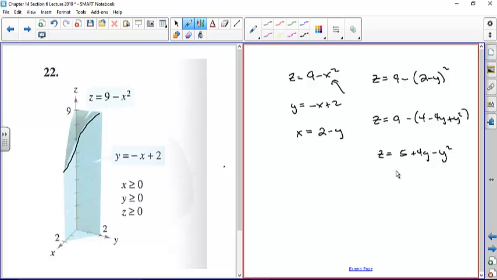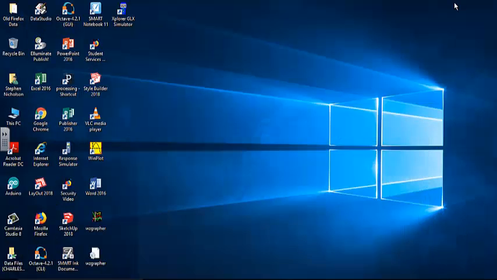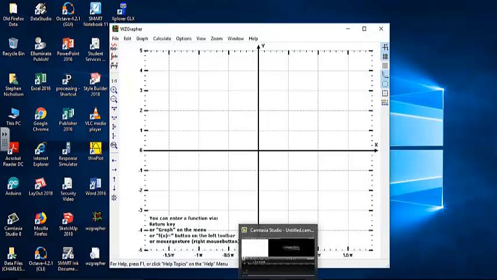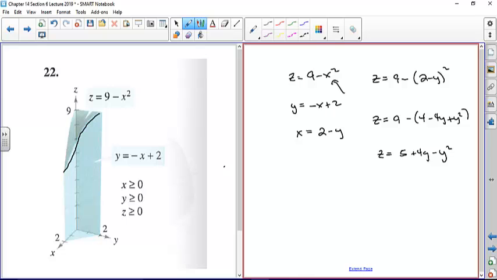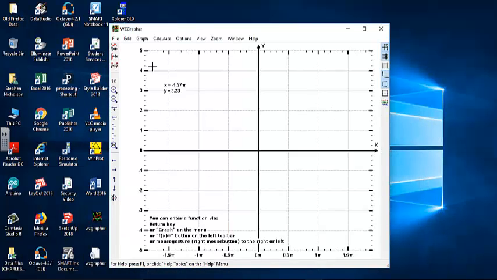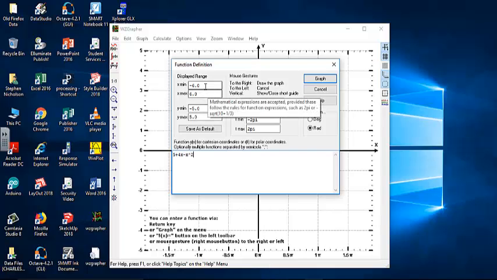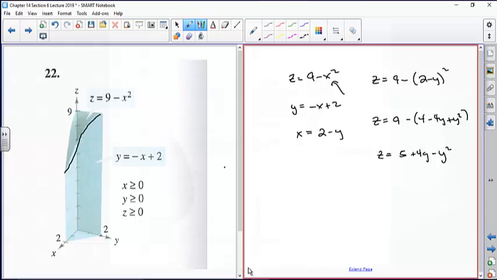So if we were to plot that, let's just get a graphing program. Let's see what that looks like. So we got 5 plus 4y minus y squared, except I'm going to use x because that's the variable the program likes. So I got 5 plus 4x minus x squared. And I'm going to go from x equals 0 to x equals what?